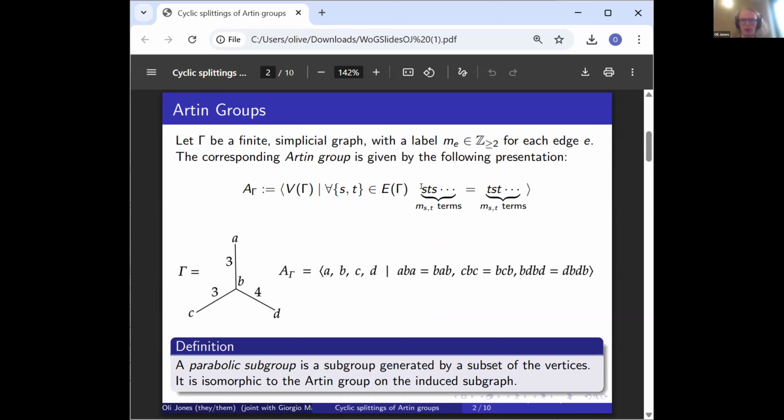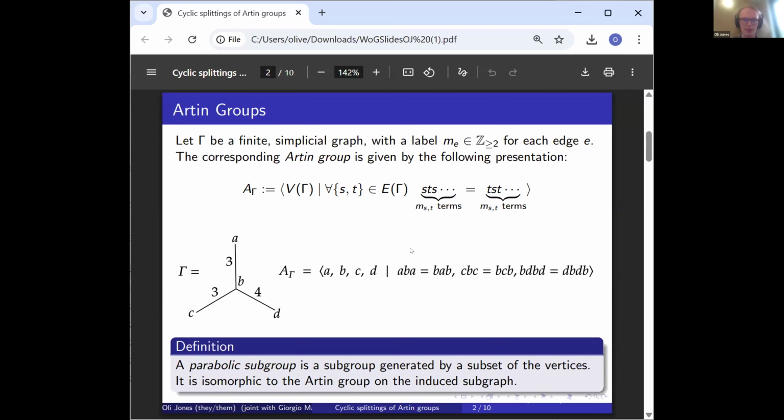So for an edge ST, it's going to be of the form STS, etc., equals TST, etc., where the length on both sides is the number labeling that edge. So if you take your label 2, then you have a commutation relation. If you take your label 3, you have a braid relation, and you have some kind of generalized braid relation for higher labels.